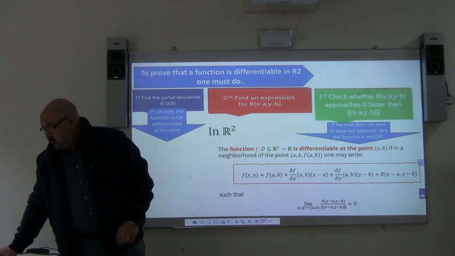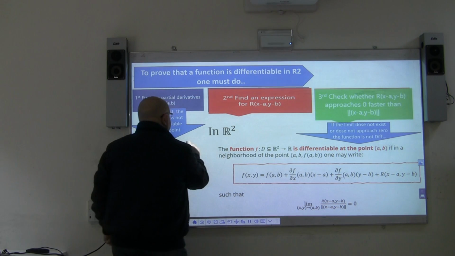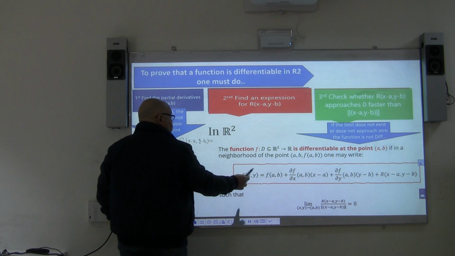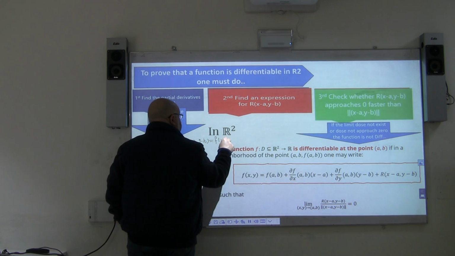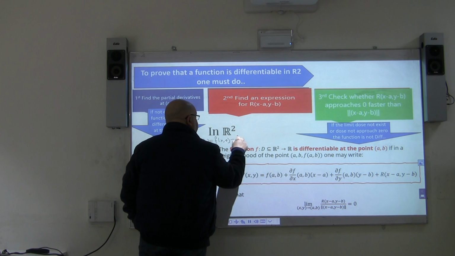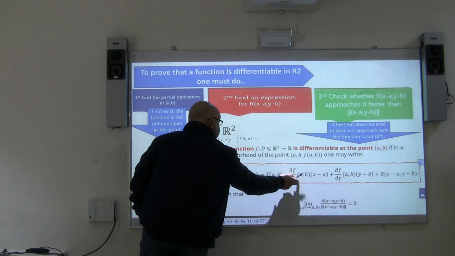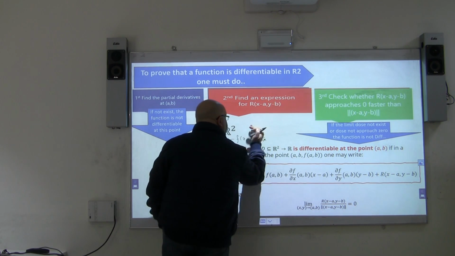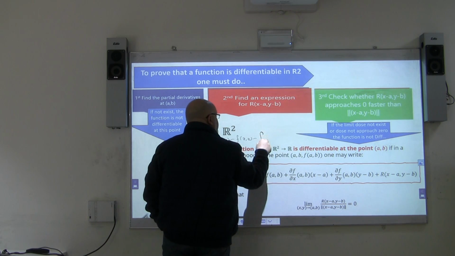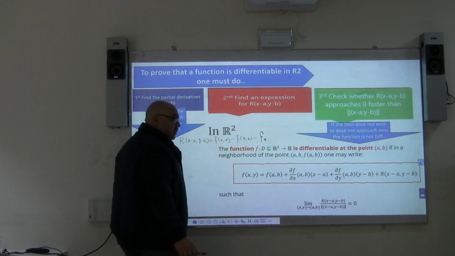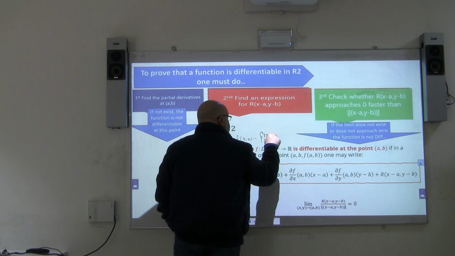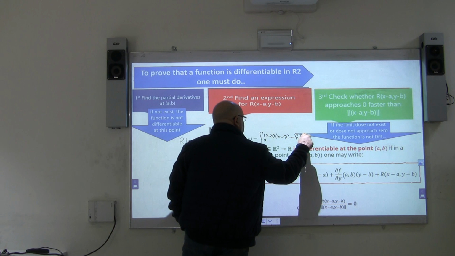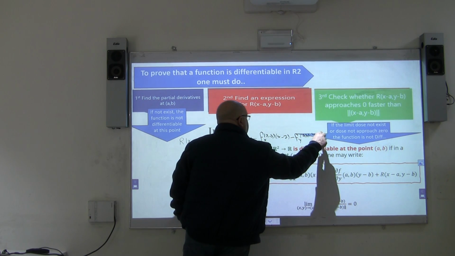Okay? So once more, I can write r of x minus a, y minus b equal to f of x, y minus f of a and b minus partial f partial x, or simply f sub x, at the point a and b times x minus a, minus f sub y of a and b times y minus b.